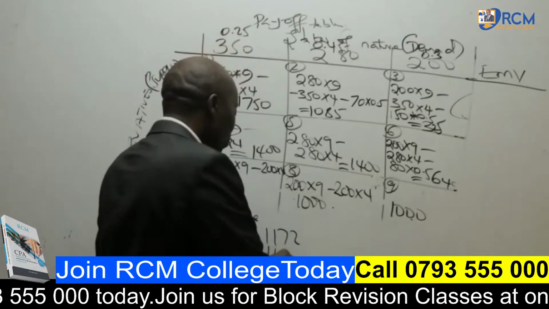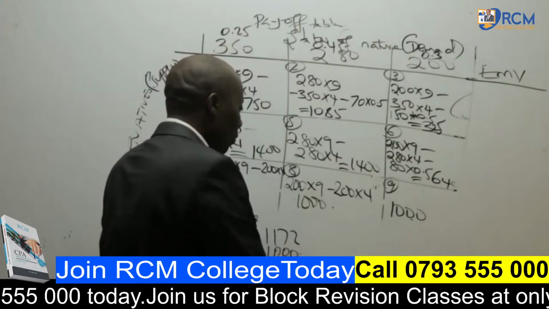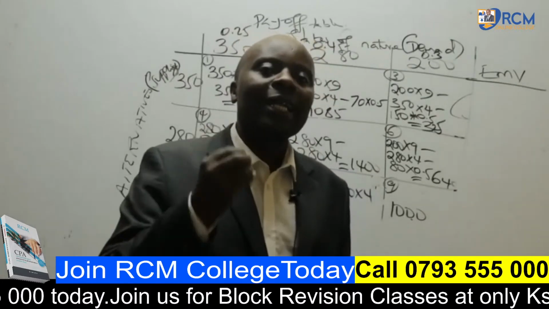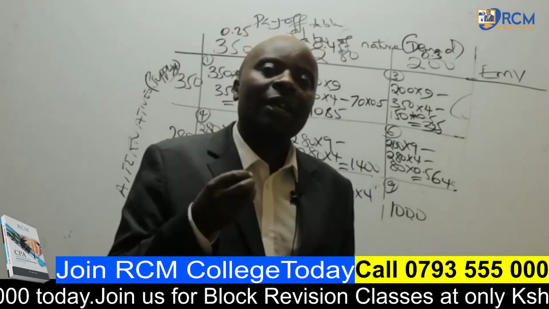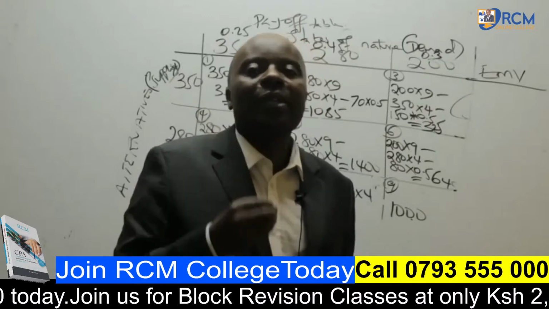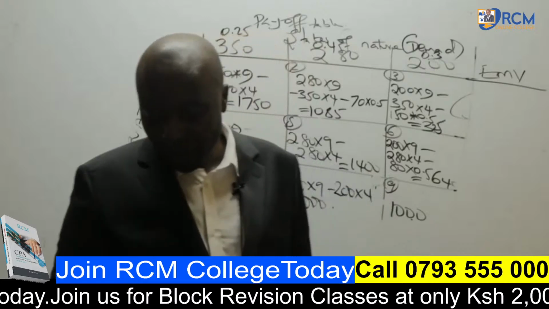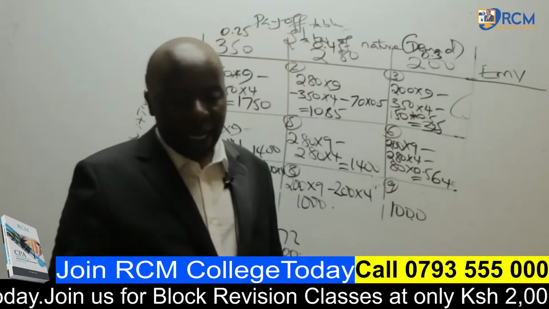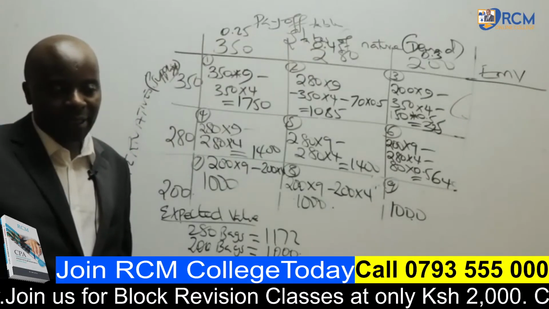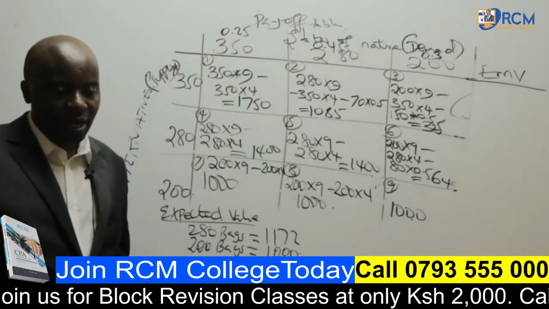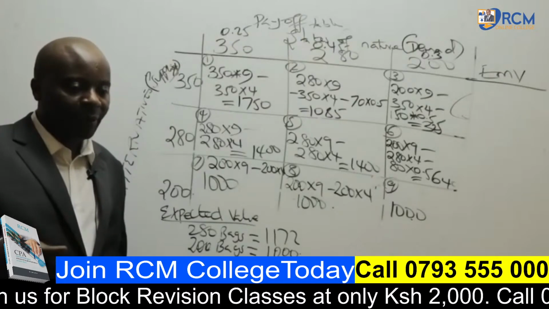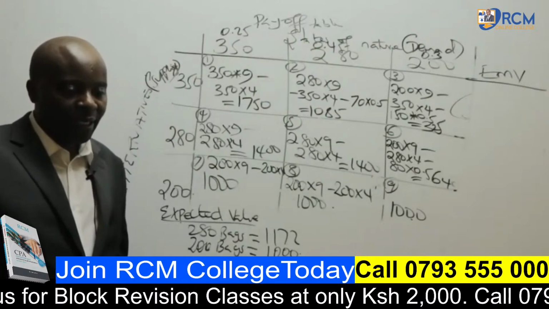So between the three expected values, remember, this is money, this is profit, these are payoffs. The higher the expected value, the better off we are. Which one would you recommend? Which one is the highest expected value? Gilbert tells me that the one that has the highest expected value, supply 280, right?